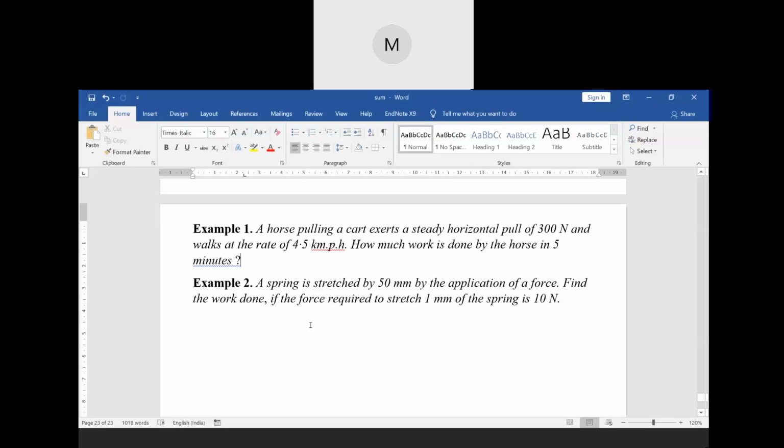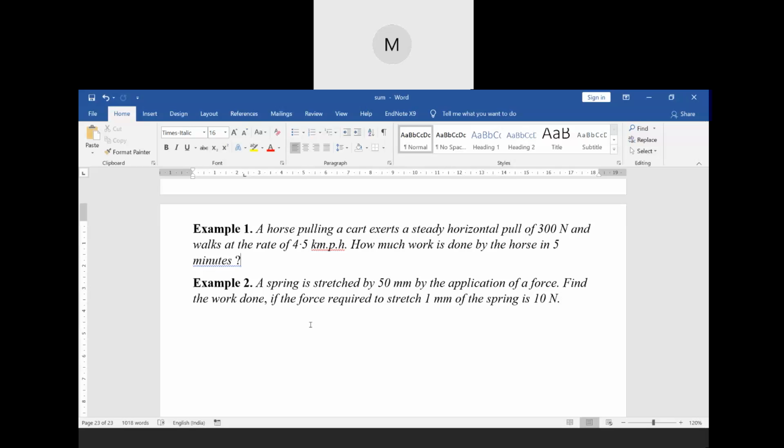Why, sir, do we take the average? Average force, because if you see here, the spring is stretched by 50 mm by the application of force.